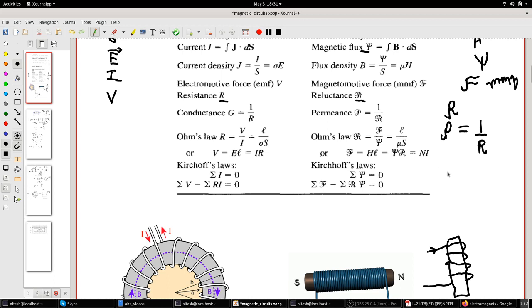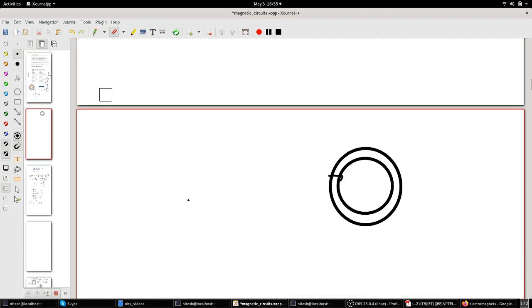In your electrical circuit, Ohm's law was V upon I equal to R. In a magnetic circuit, R is replaced with reluctance, V is replaced with MMF, magnetomotive force, and I is replaced with flux. Clear?